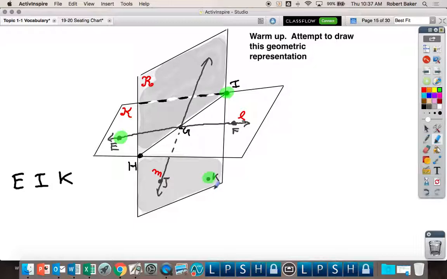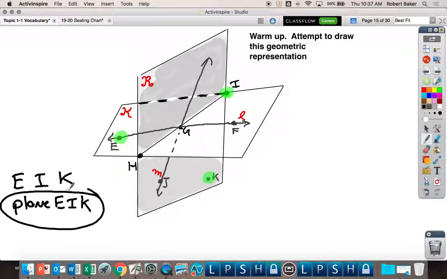You're gonna hate me when I tell you the answer. What plane are points E, I, and K on? Can you use both capital letters? No, because that's two different planes. How do you do that? They're on plane EIK.